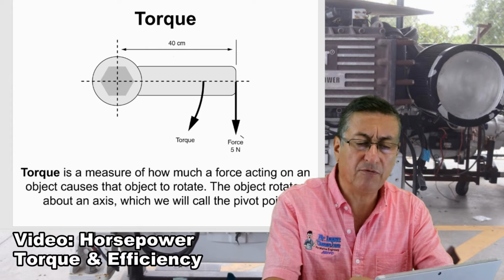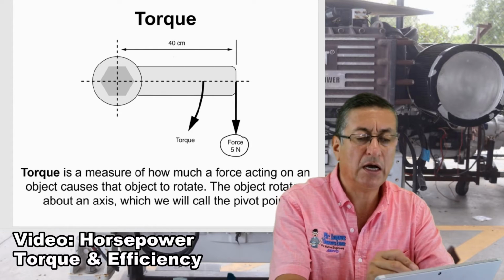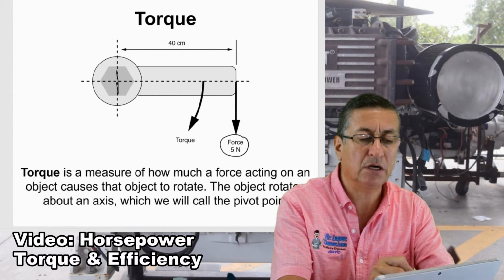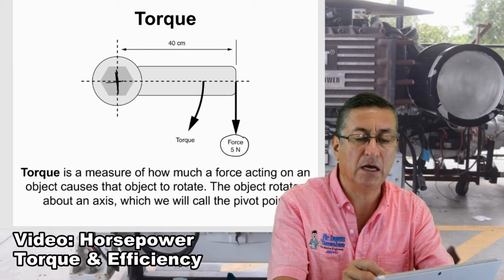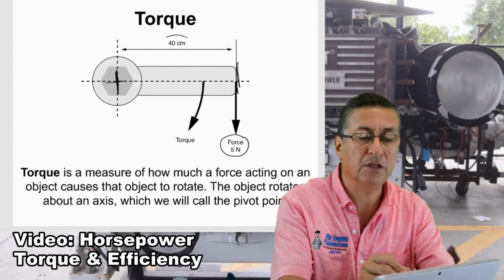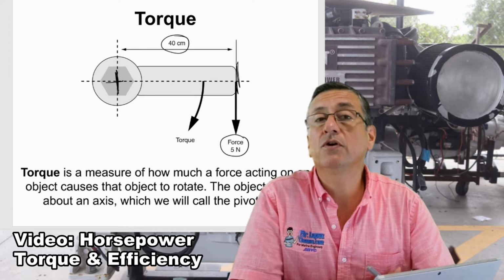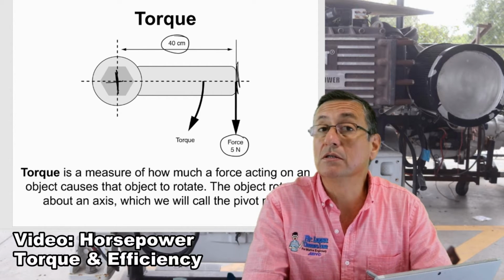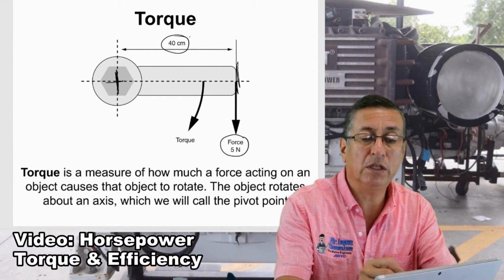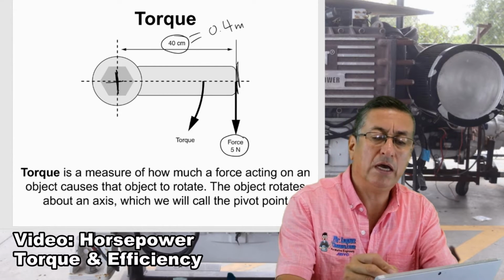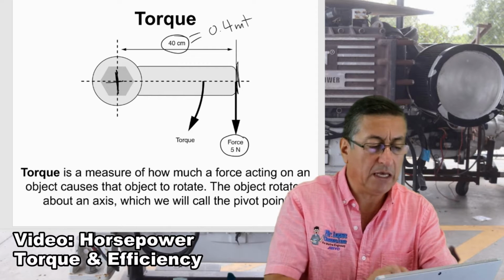We are going to apply a force of 5 newtons, and the distance between the center and the end is 40 centimeters. How much is 40 centimeters in meters? It is equal to 0.4 meters. What is the torque applied over there?